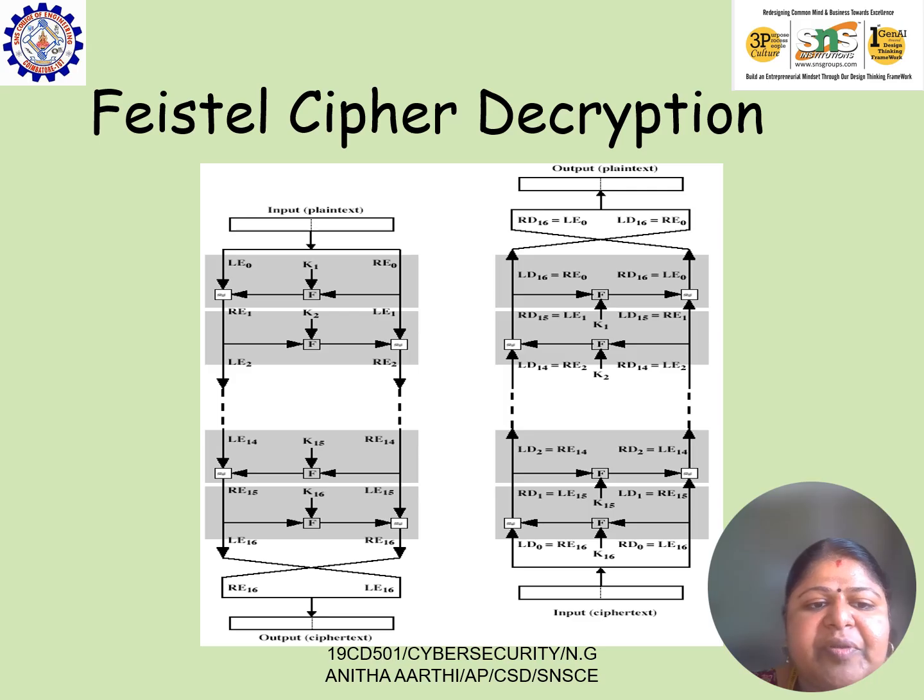This ciphertext from the left is taken as the input for the decryption technique to generate the desired output. In order to generate the ciphertext, we follow the top-to-bottom technique, whereas to generate the plain text from the ciphertext, we use the decryption algorithm, as in Feistel cipher decryption.